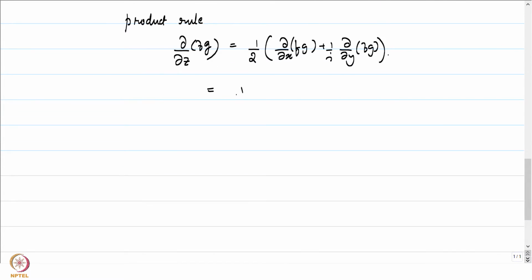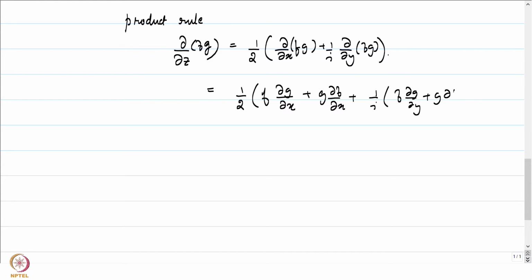this is equal to half of, I'll just directly write down what it is going to be. Or maybe let me not skip steps. This is going to be f ∂g/∂x plus g ∂f/∂x plus 1 by i times f ∂g/∂y plus g ∂f/∂y.